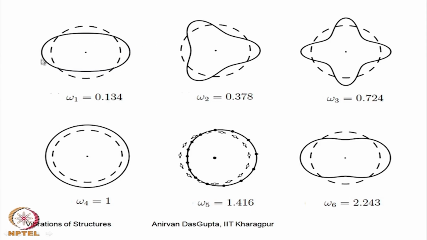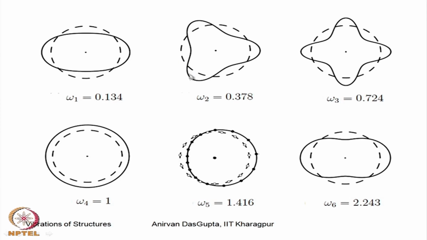So, in this mode it is moving out here and moving in here, and vice versa. So, this is going to oscillate like this, and there is a phase difference between this and this, which is pi.